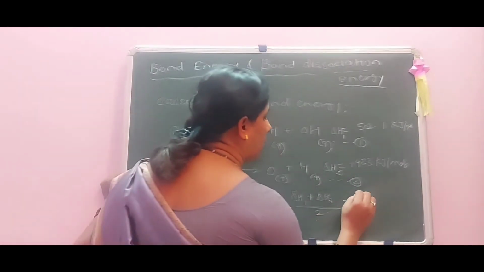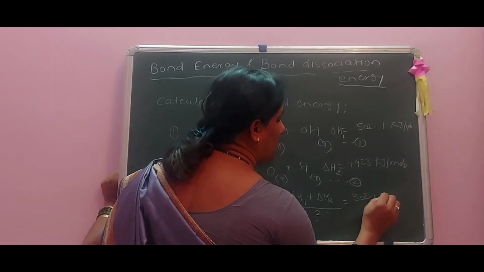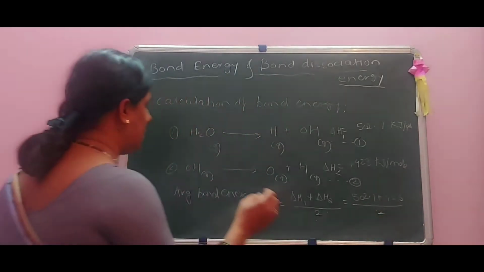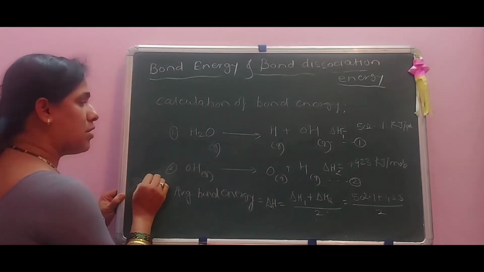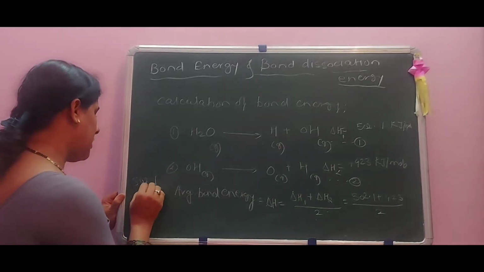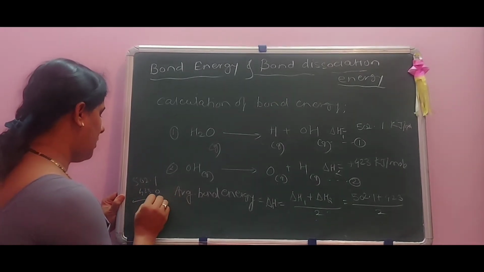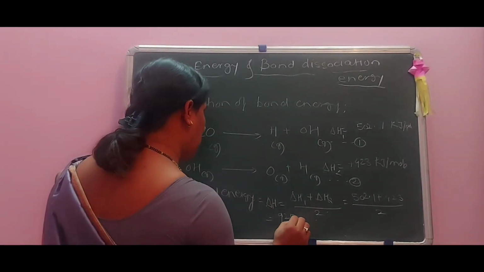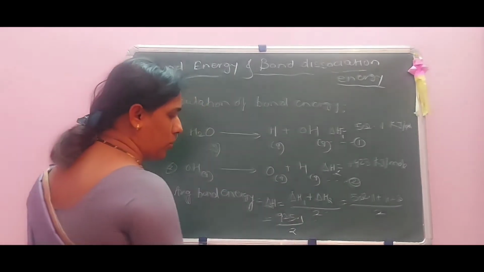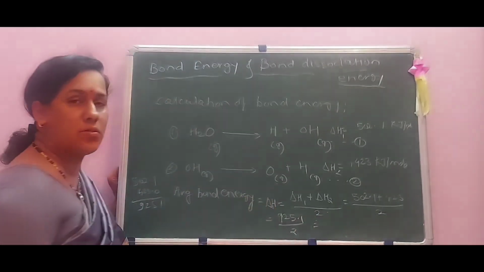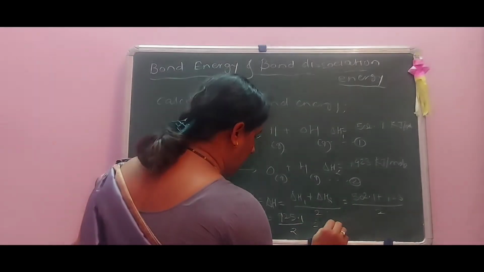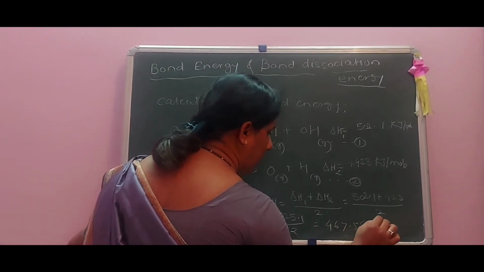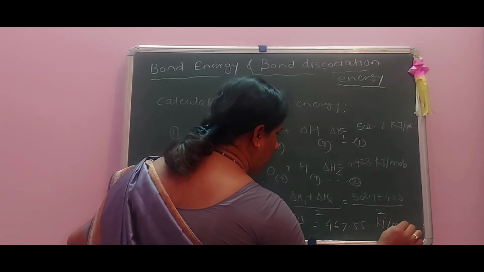Here we take the total: 502.1 plus 423 is equal to 925.1, divided by 2, that is equal to 462.55 kilojoule per mole.